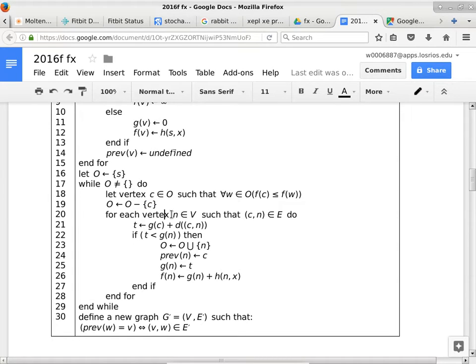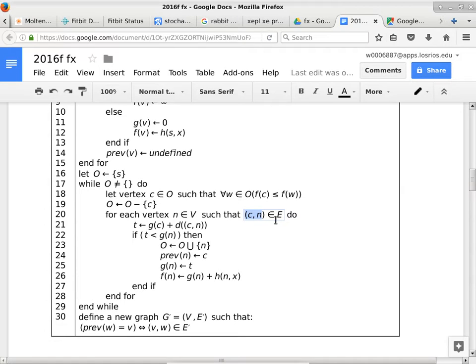When we look at all the neighbors n of C, C to n is an edge that we already know. Is it possible that C has no outgoing edges, no neighbors? It's entirely possible, in which case this for loop would not have anything to do.